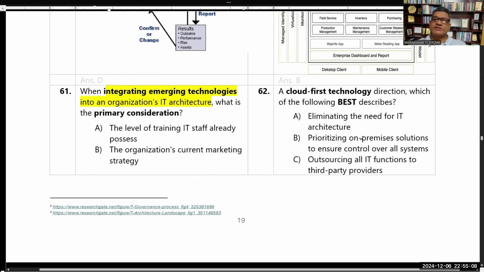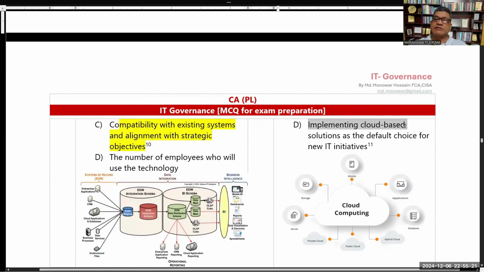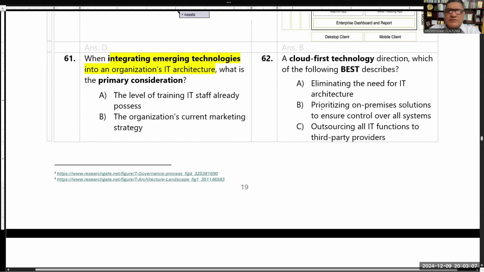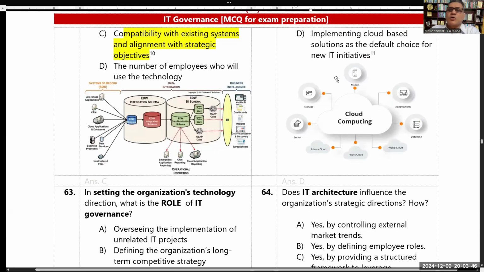A cloud-first technology direction. Which of the following describes implementing cloud-based solutions as the default choice for new IT initiatives? Note 62, a cloud-first technology direction. We know cloud computing is where a third party provides the cloud computing service.